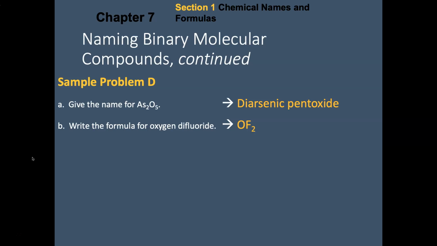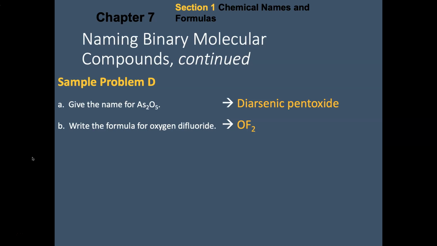The first one is As2O5. So what's the name of that? It has 2 arsenics. That's what the 2 after the As means. And then it has 5 oxygens. So we're going to look at our prefixes, and 2 is going to be di, 5 is going to be penta. Remember that if it's anything other than 1 atom in the first part of your name, you're always going to put a prefix.